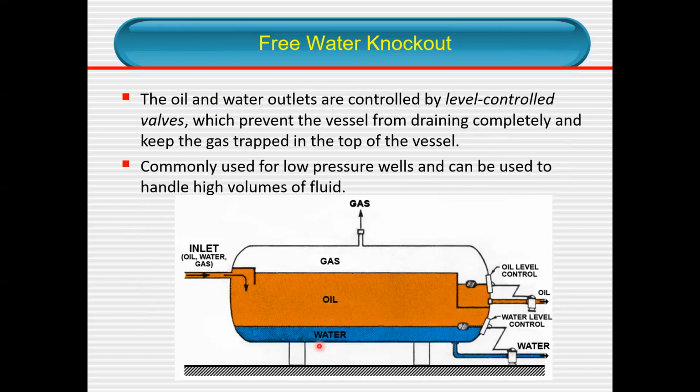Okay. The oil and water outlets are controlled by level control valves, which prevent the vessel from draining completely and keep the gas trapped at the top of the vessel. Over here, the water is totally cleaned before you can remove it.